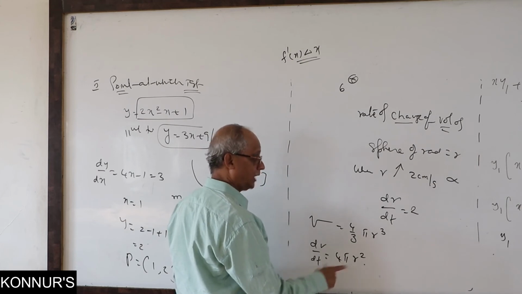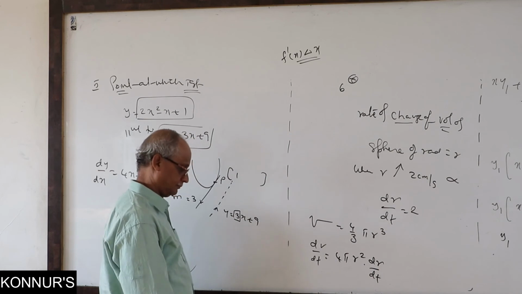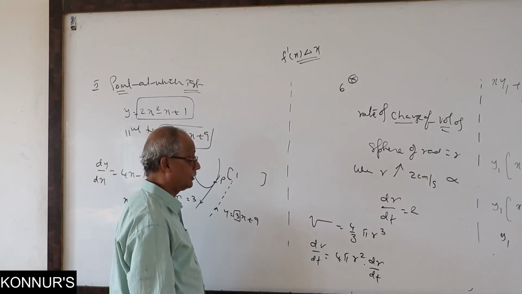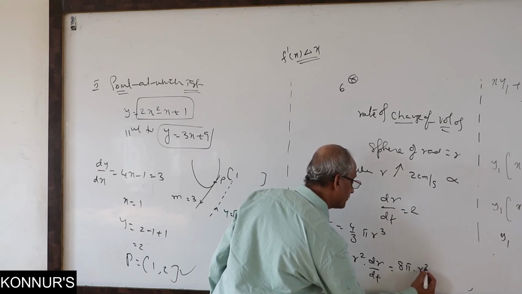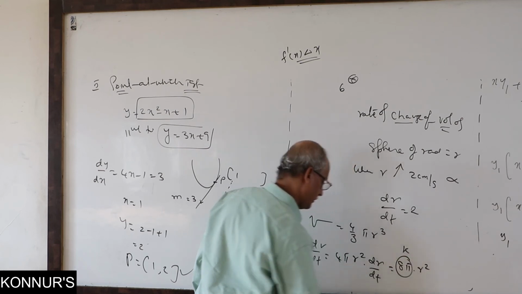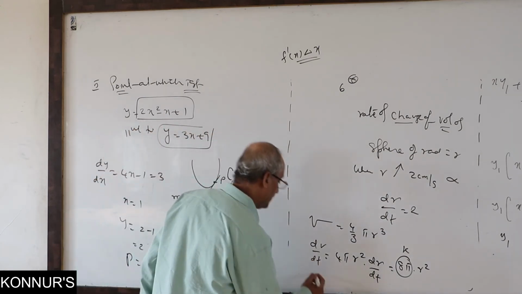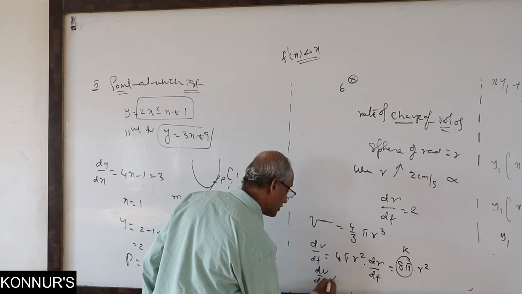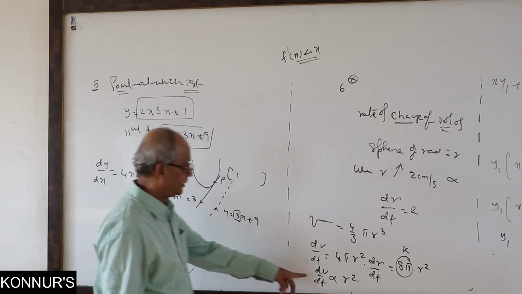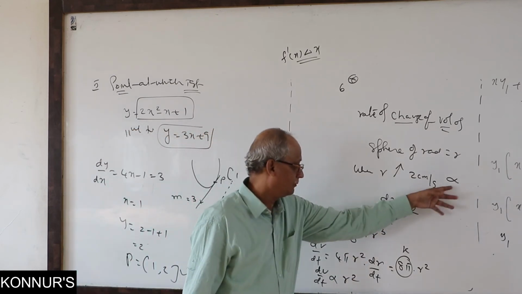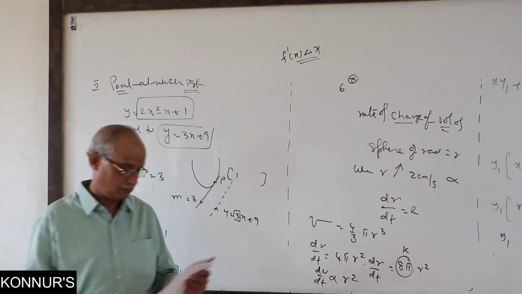The change of radius, that delta r, is here: dr by dt. How much is dr by dt? 2 is given. Then what is the answer? 8 pi times r square, where 8 pi is the constant k. Also it is positive. Then what is implied? dV by dt is proportional to r square. The rate of change of volume is proportional to r square. That is the answer.